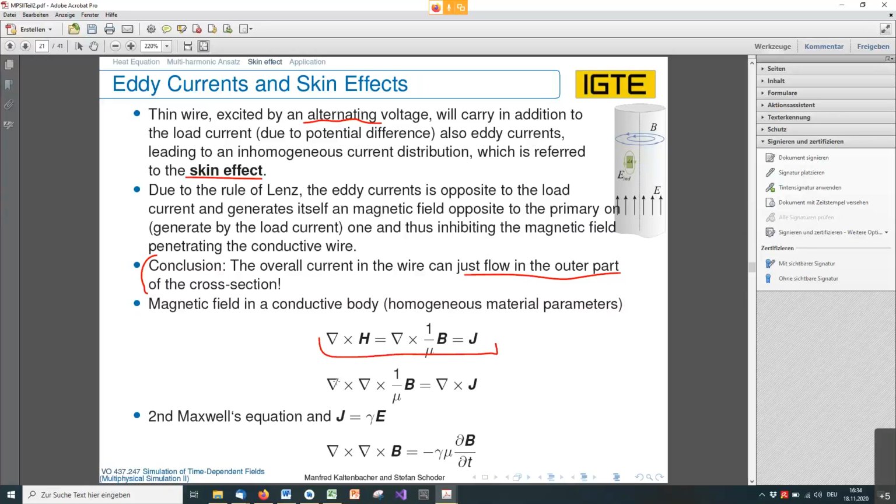We then take the curl of this equation. Then we arrive at this equation of the flux density, and then inserting the second Maxwell equation and Ohm's law, we arrive at this equation there. And this equation describes how the eddy currents are distributed within a bulk material, a conductive bulk material.